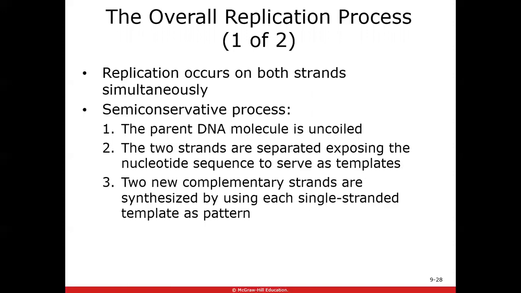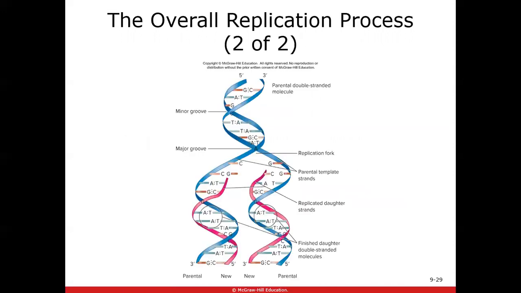The two strands are separated, exposing the nucleotide sequence to serve as templates. That's what it's going to be built on. A template is what bases are going to be built on. So two new complementary strands are synthesized by using each single-stranded template as a pattern.